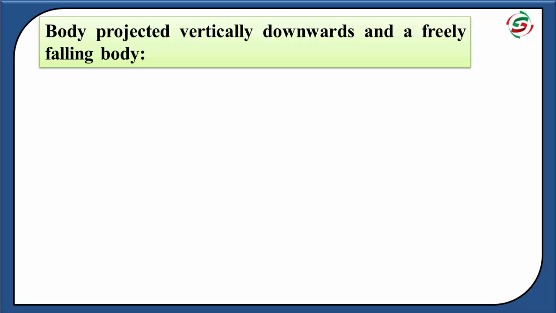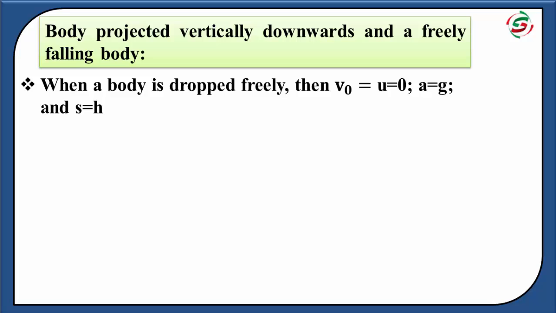When the body is dropped freely, v naught is equal to u, the initial velocity. For a freely falling body, initially the velocity of the body is 0, so u equal to 0.